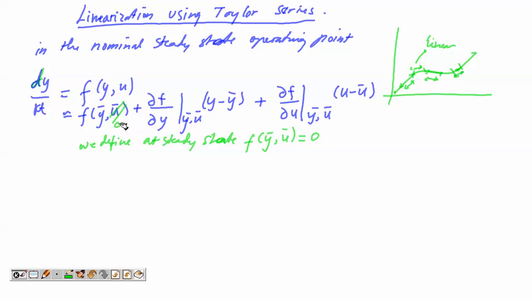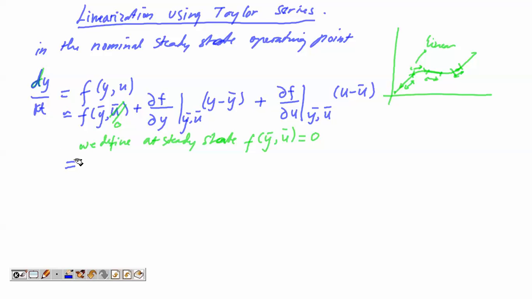So this one is 0. Then we can write that dy over dt is df over dy, this part, plus df over du, this part.